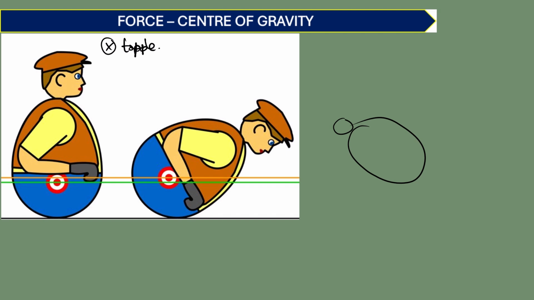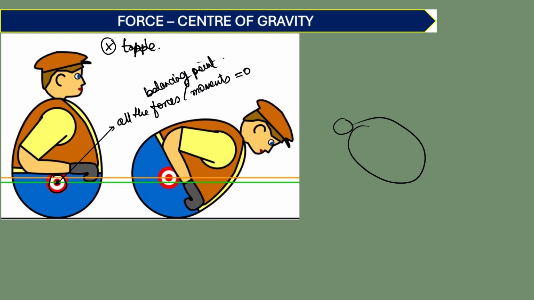Why? Because look, the center of gravity of this body or this toy is over here, which means that all the forces or all the moments become equal to 0 at this point. So this is the balancing point of the body. ये भी बोल सकते हैं हम. This is called the balancing point of the body.